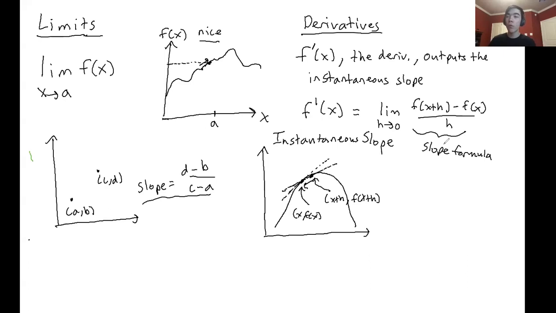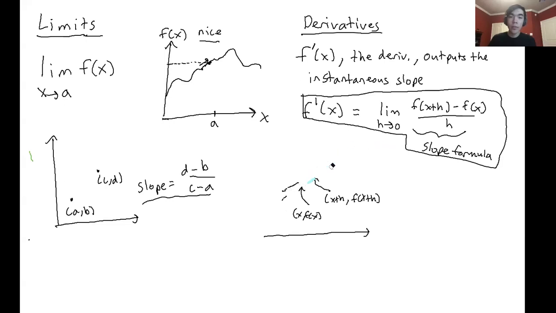But we need those 2 points to go very, very close to each other, or essentially be the same point, which is why you have to take a limit and make h, the gap between the points, go to 0. So this is the formal definition. You won't often need to use this. If you want to prove what the derivative of something is, you will come back to this. But if you just want an intuitive understanding, just think of it as taking the derivative or the slope at each point.